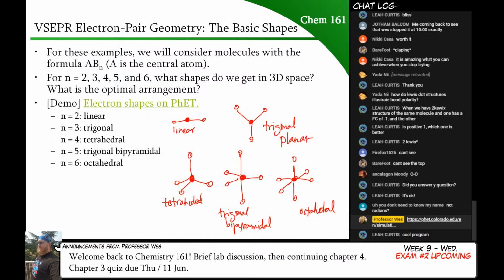There you go. Whenever you draw a molecule, you're going to count the number of electron groups, and however many electron groups there are, 2, 3, 4, 5, or 6, is going to be which template you use. If I have a molecule that has 3 electron groups, I have to use this template right here. If I have a molecule that has 5 electron groups, I have to use this template right here. Okay? So this is how you draw any molecule in 3 dimensions using these templates.